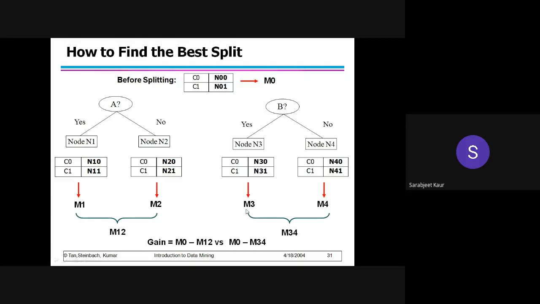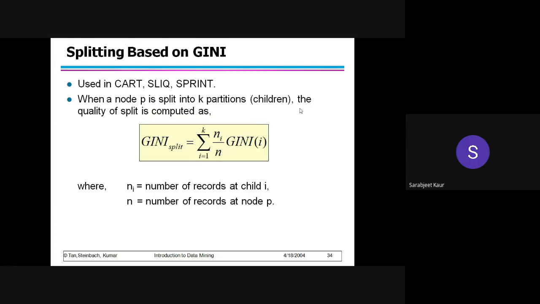So we multiply M3 with the weight of node N3 and add the weight of node N4 multiplied by M4 to compute M34. The weight of a node is defined as the number of tuples at this node divided by the number of tuples at its parent node.